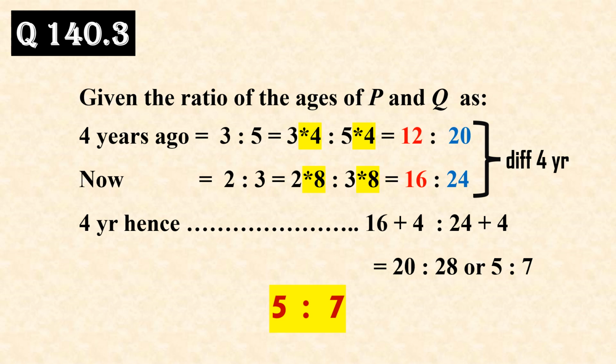Multiplying each term by 8, equivalent ratio is 16:24. The ratios are so changed that the difference is 4. See the differently colored boxes. So, ratio 4 years hence would be 16 plus 4 and 24 plus 4. That is 20:28 or 5:7.